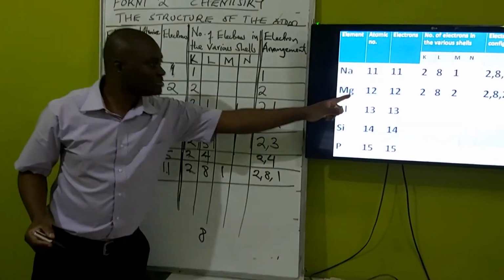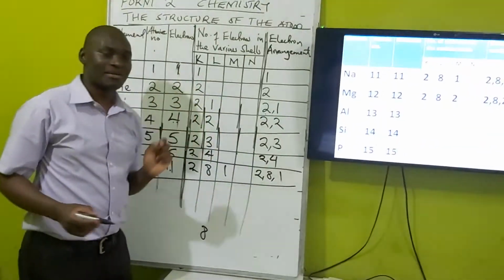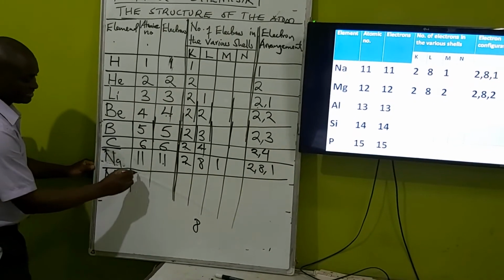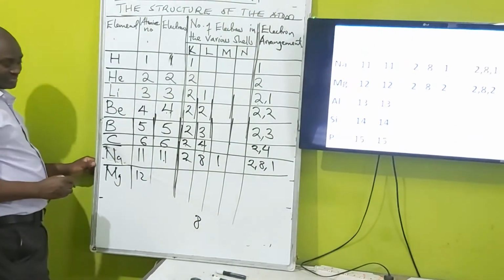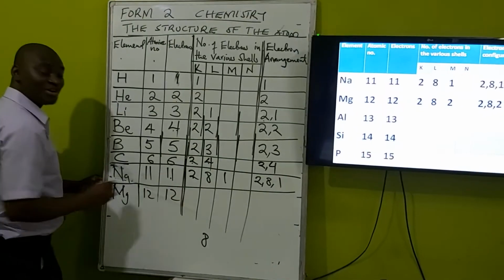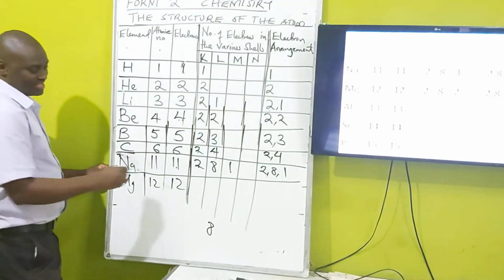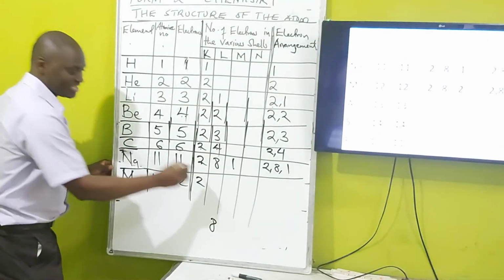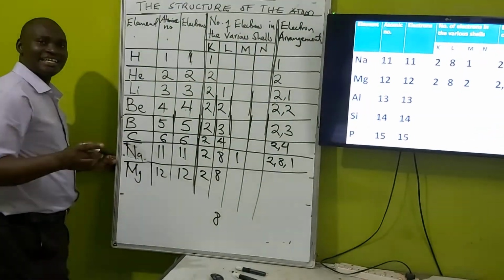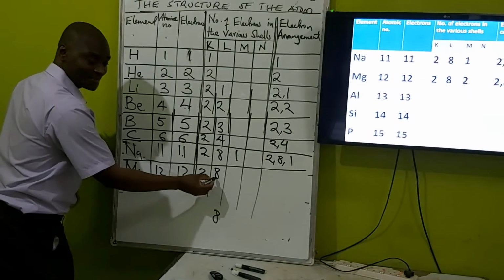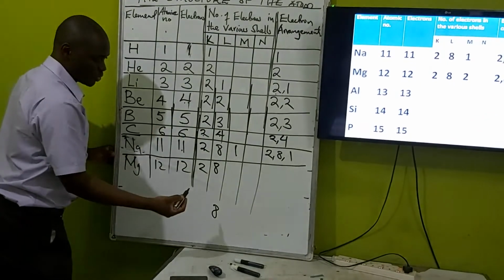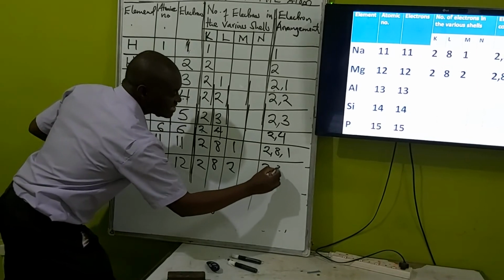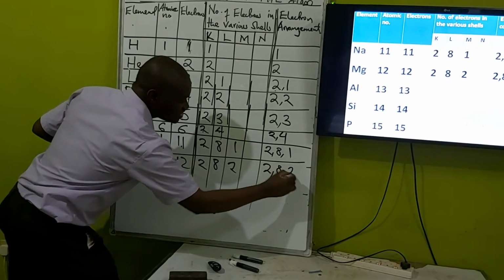I can also do magnesium for you. Magnesium is number 12. How many electrons? 12. The first 2 electrons will move to the first energy level. Then the second energy level will take 8. Remember, 2 will move to the third. Now you have 2, 8, 2.